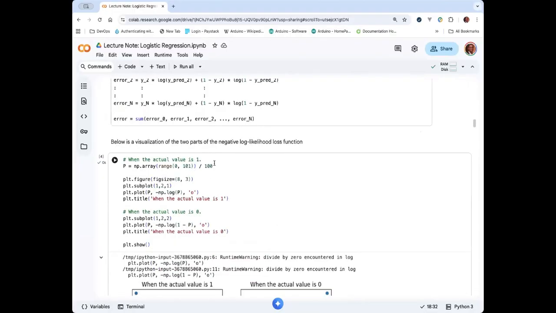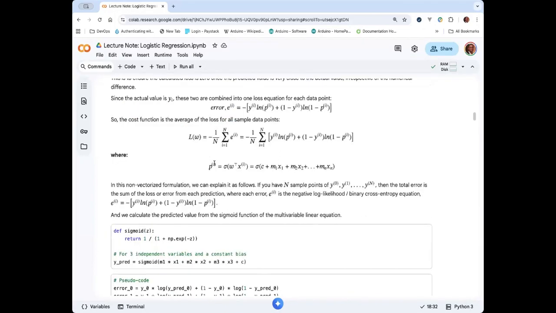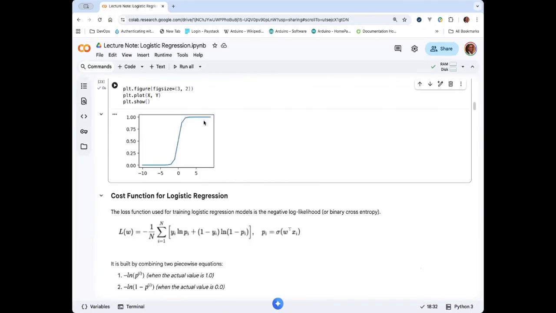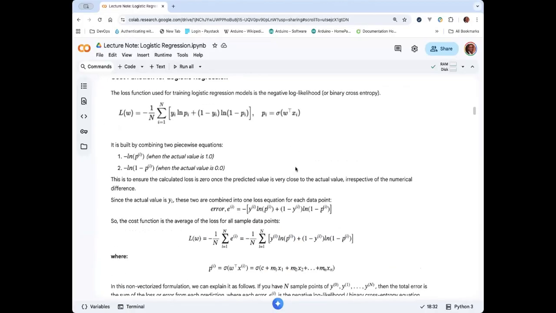If you look at this logistic curve and the actual value is true, and the predicted value is a probability which, instead of 1, is maybe 0.5, 0.5 is very far from 1. So if you take the log of 0.5, that is a very negative value. So we negate it and we get a very high positive value. So that is a measure of how far away 0.5 is from 1.